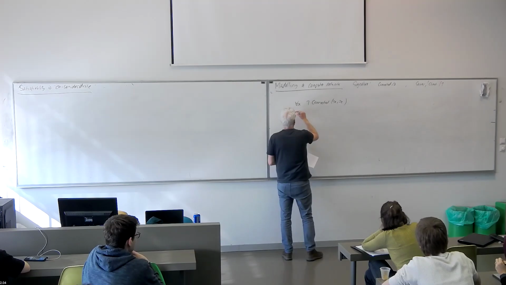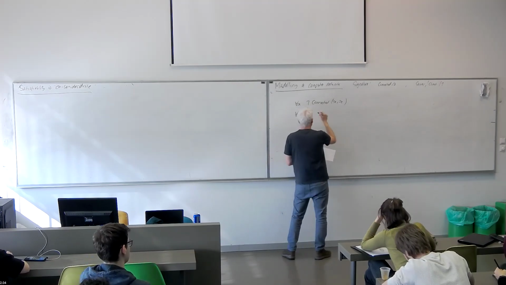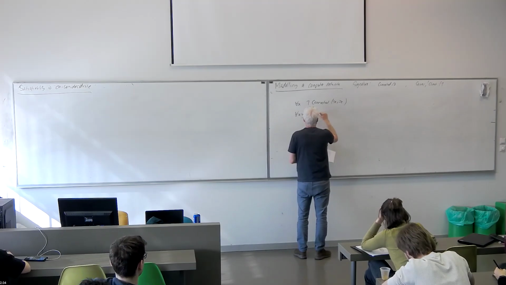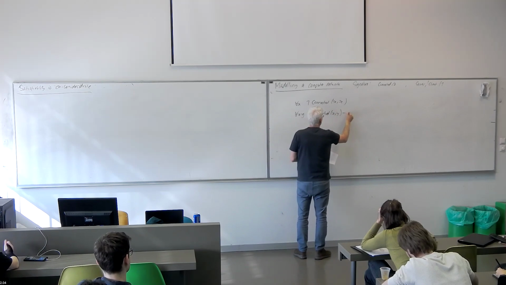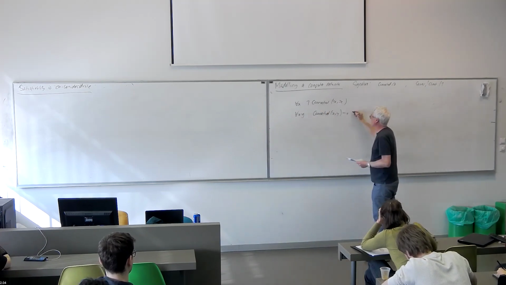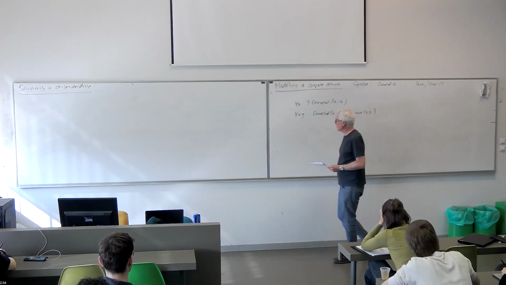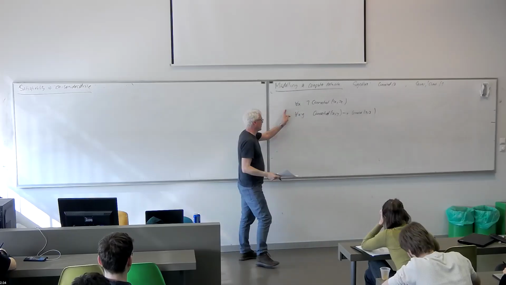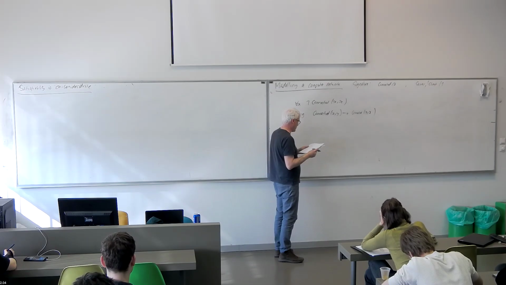For all X, Y, that's for all X, for all Y, strictly speaking, but obviously one likes to use shorthands, if X is connected to Y, then Y is connected to X. So it's a symmetric relation. So basically, connectivity is a graph in the usual simple sense of graph.